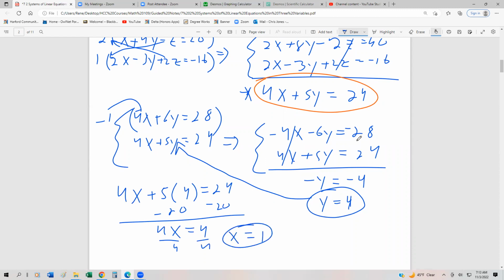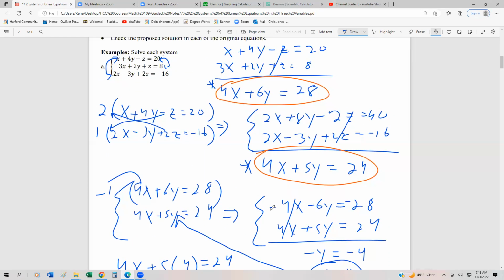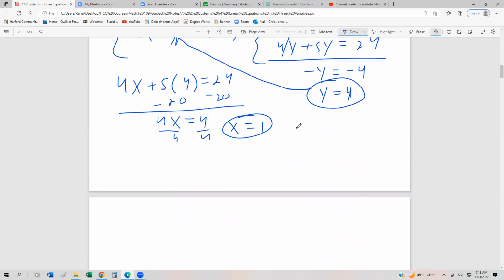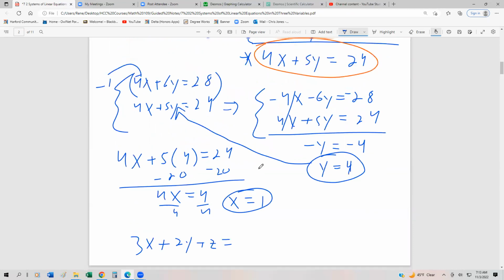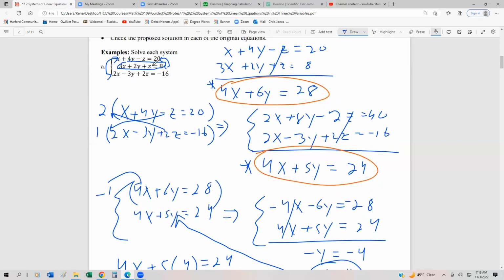Finally, I'm going to go all the way back up to the beginning, and I can pick any of the equations. I'm just going to pick this one because z is readily available. There's no coefficient in front of z except for positive 1. So that means we get 3x plus 2y plus z is equal to 8.